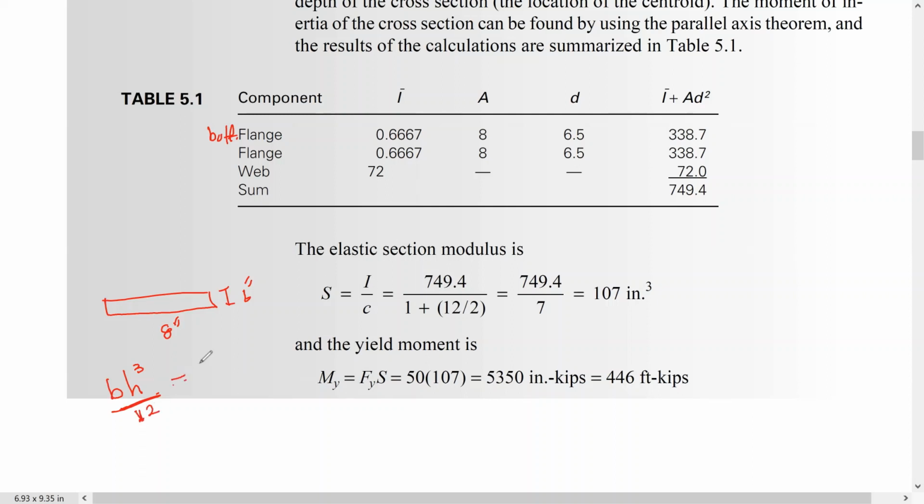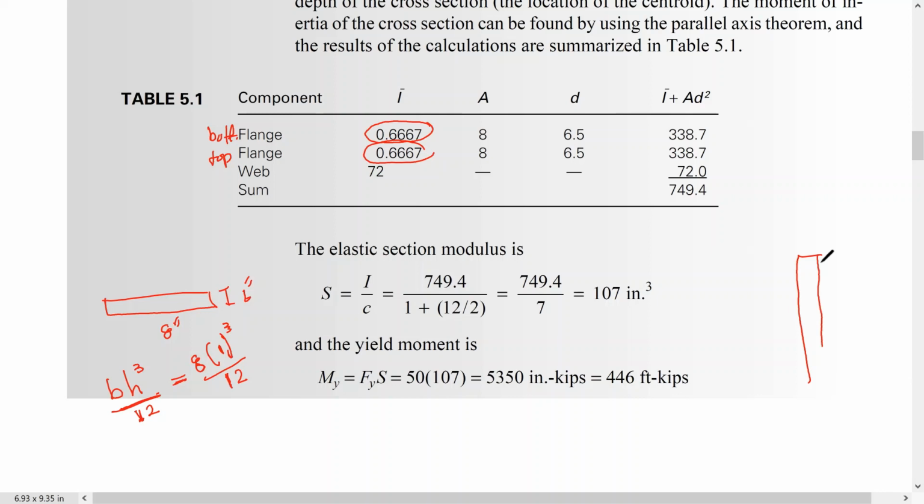And b here is 8 times 1 cubed, which is the thickness, or h, divided by 12. And this is going to be equal to this value. Similarly, for the upper flange or top flange, because they are similar to each other, we will get the same value. For the width, it's like this.